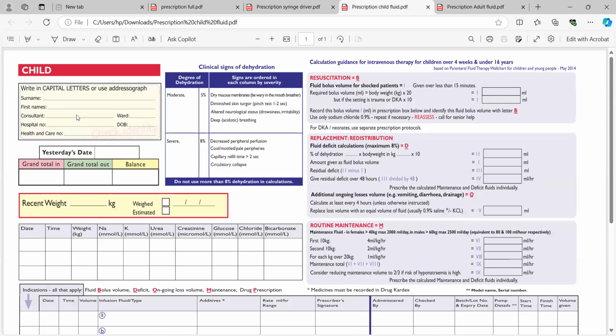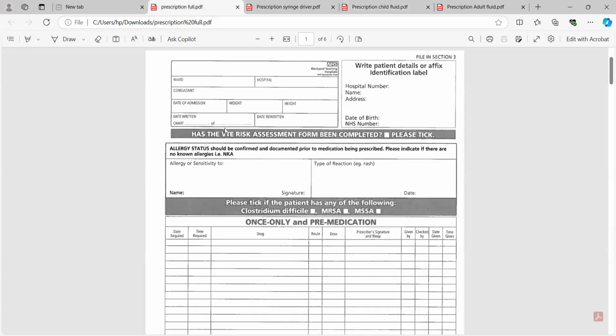You can see that over here you have to write the consultant name and the hospital name. So you must write these on all 3 pages if you have an additional prescription. Okay, so all of this comes under your data gathering.